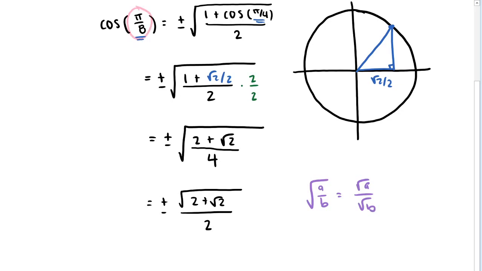here, this is some small angle between 0 and 90 degrees. It's this angle here, it's half of pi over 4. And so this angle here, that's pi over 8. Just a rough sketch of it. And looking at this point here, well, its x-coordinate is positive. It's on the right side of this unit circle. And so we know that here we should take plus the square root of 2 plus the square root of 2 all over 2.